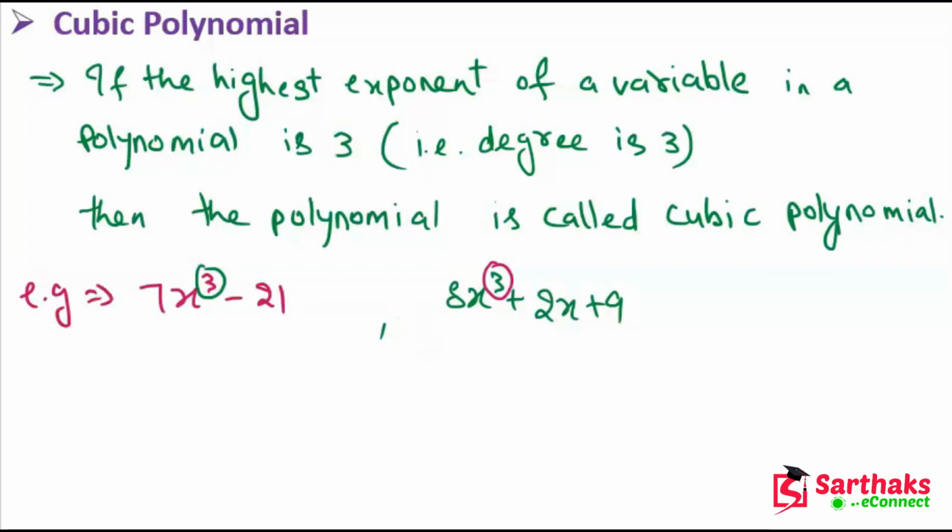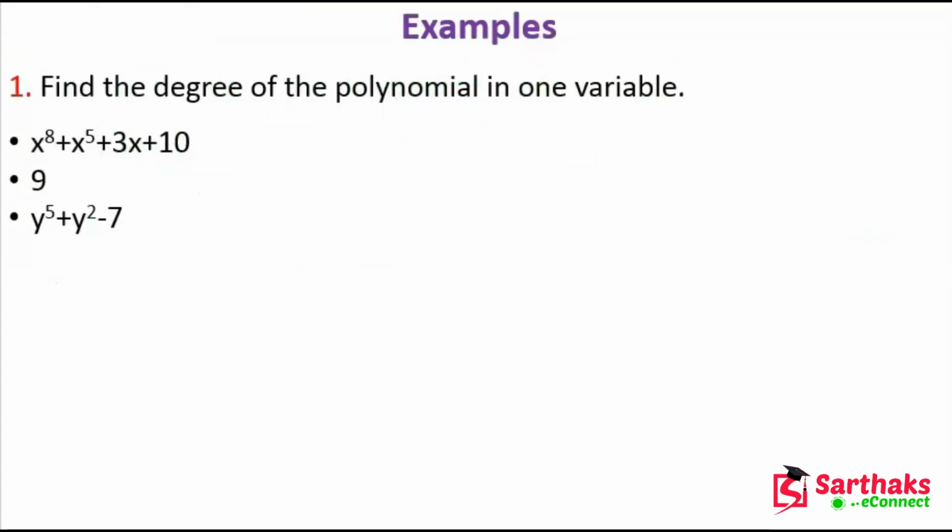Now let's solve some examples. Find the degree of the polynomial in one variable. My dear friends, we have to find the degree. In this case the degree is the highest power, which is 8, so the degree is 8.